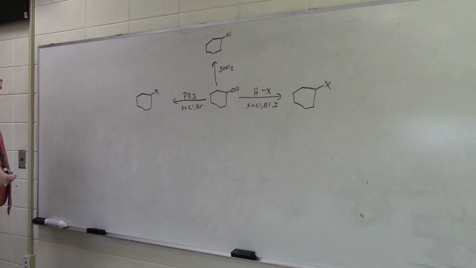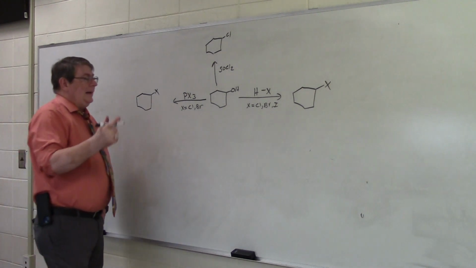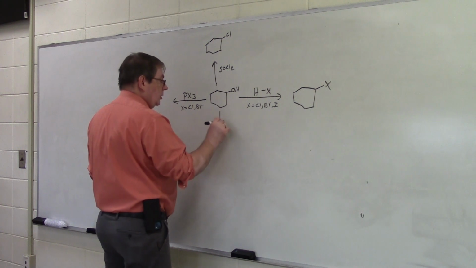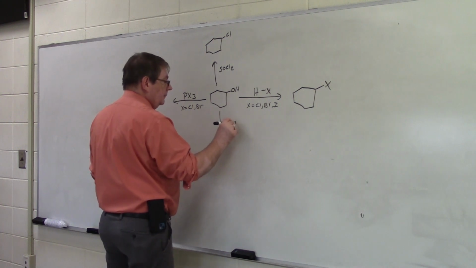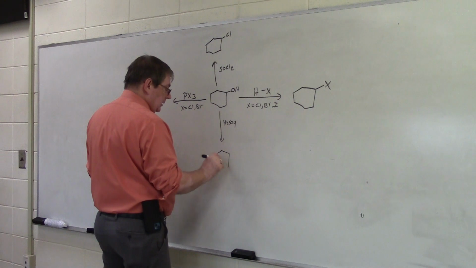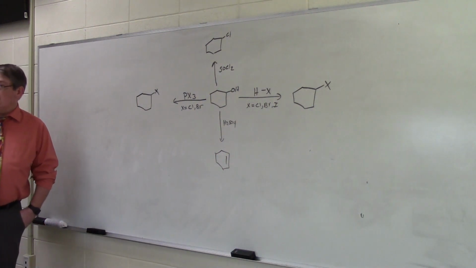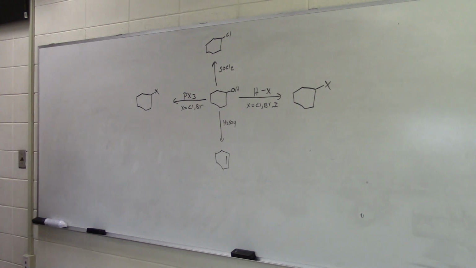I can take the alcohol and treat it with sulfuric acid, and I can make the alkene. So we can do a lot with alkenes, and a lot with alcohols too.